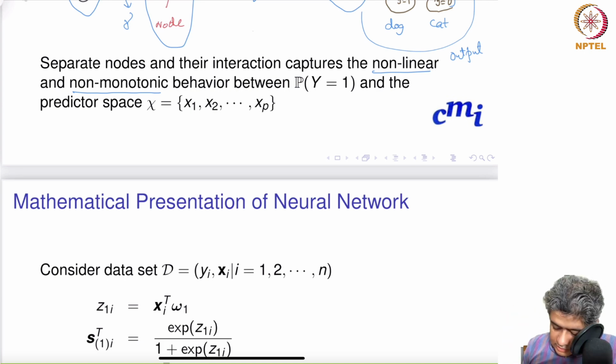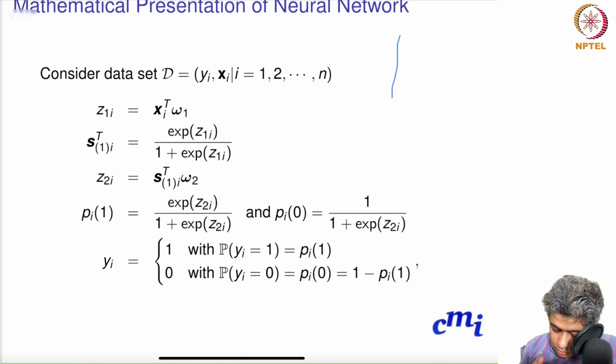neural network. So this is the mathematical representation of the neural network that we just presented above.